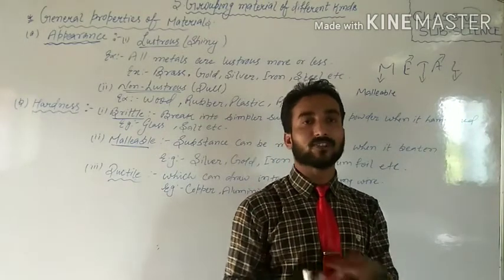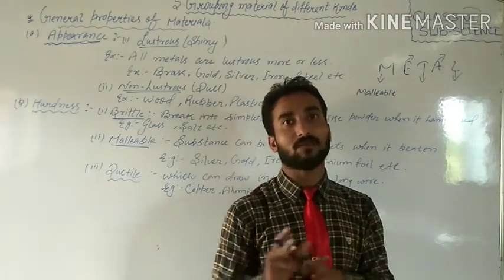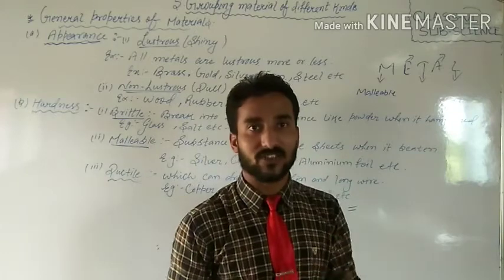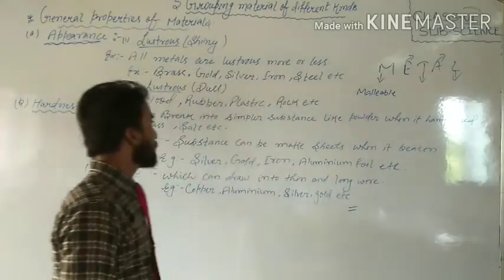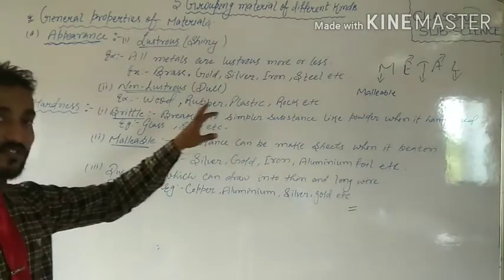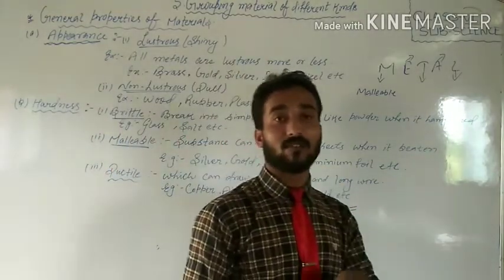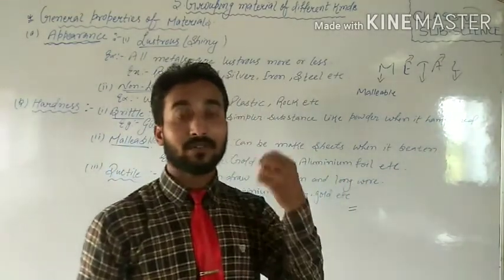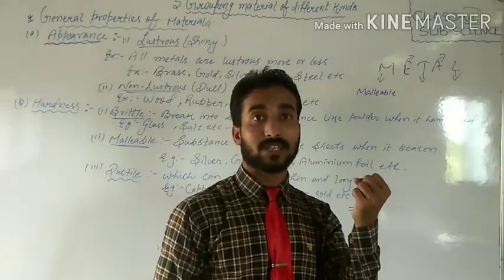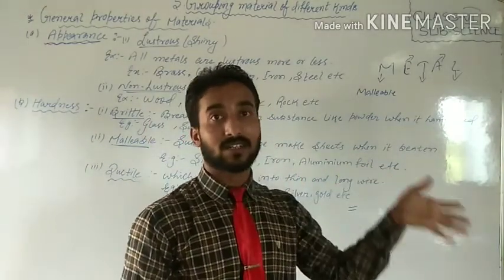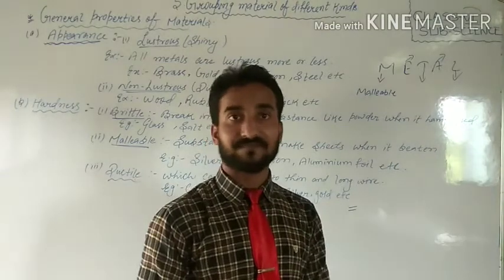When pressure comes on it, definitely it will break into simpler substances. Examples are glass, salt, etc. And students, your work is to find two or three more examples on every topic and every word.